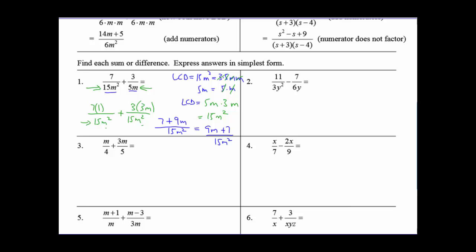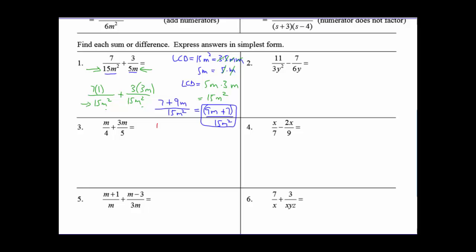Now we have to revert back to the earlier lessons 11.1, 11.2, and 11.3: is there anything we can factor out and then cancel? Because there is a plus in the middle, technically a binomial, we cannot take out a 3 with the 9 and the m, or cancel the m with the m squared. So there isn't anything we can factor out on the top. Our answer is 9m plus 7 over 15m squared.